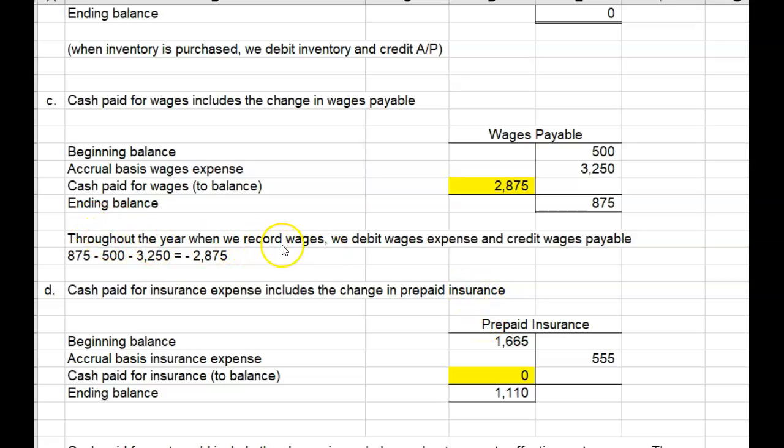For the same reason, throughout the year when we record insurance expense, we debit insurance expense and credit prepaid insurance. And to make that balance then is 0. 1,665 minus 555 equals a 0 debit to calculate the correct $1,110 ending balance.